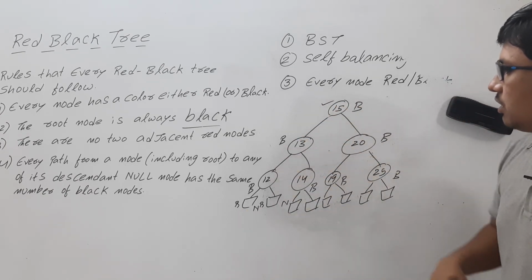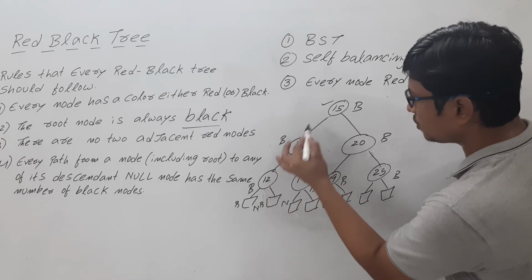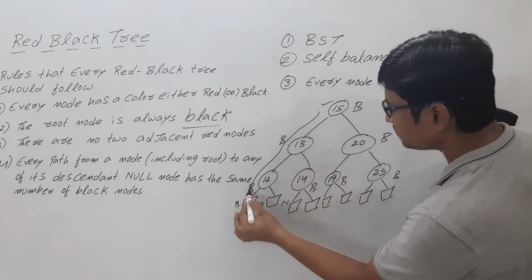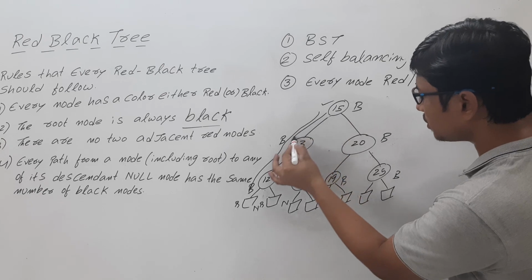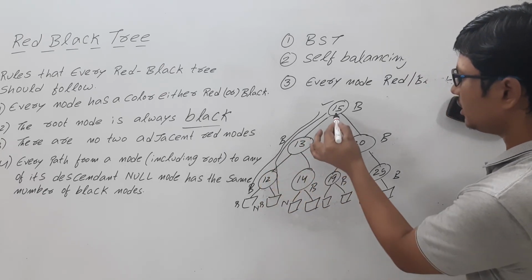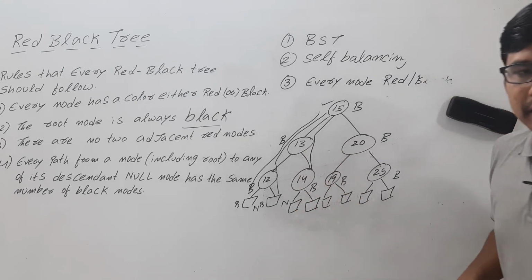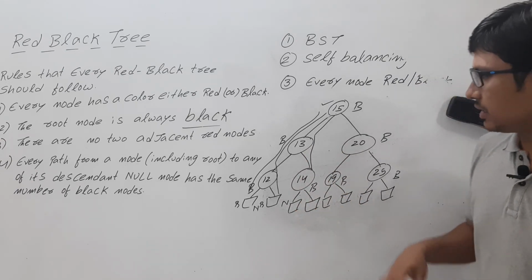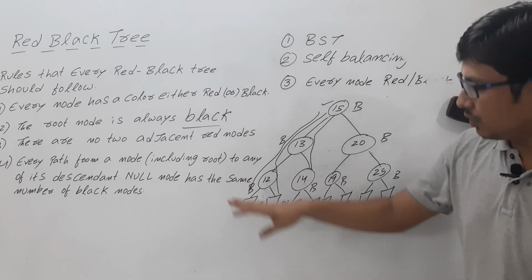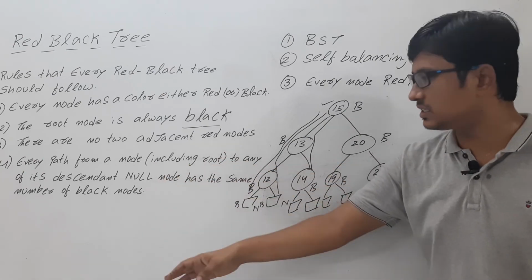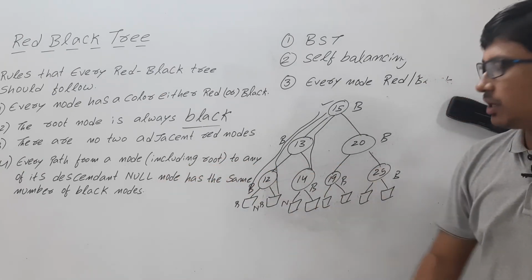If I want to go here, I will go like this. If I want to go to this node, I will go this way. Am I right? Whatever path you take from every node, including the root, to any of its descendant null should have the same number of black nodes.